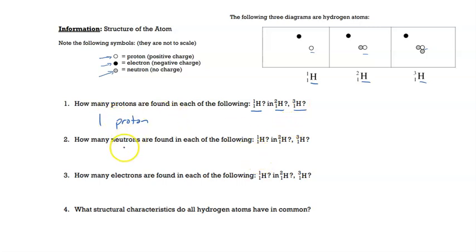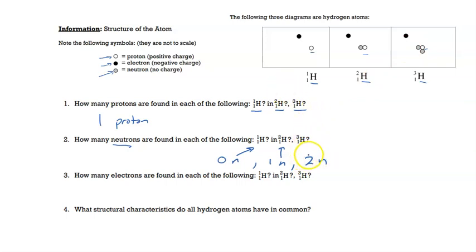Now if we come down here and look at neutrons, in the first model, hydrogen 1,1, we have 1 proton. So this one has 0 neutrons. Hydrogen 2,1 has 1 proton, 1 neutron. And hydrogen 3,1 has 2 neutrons.